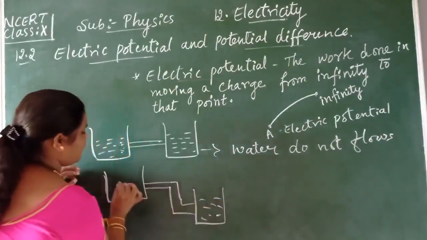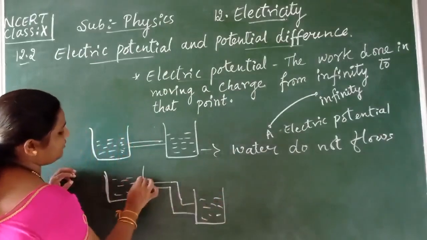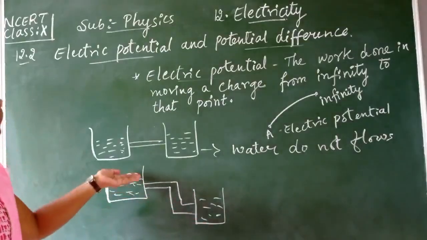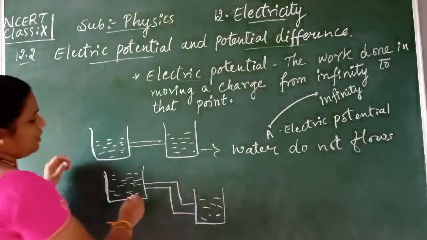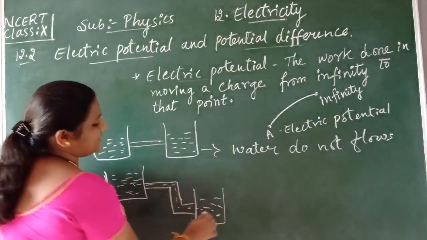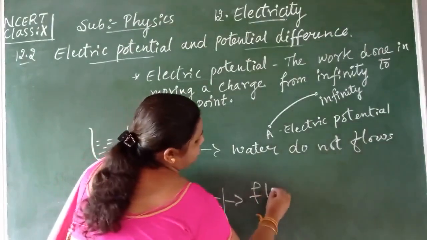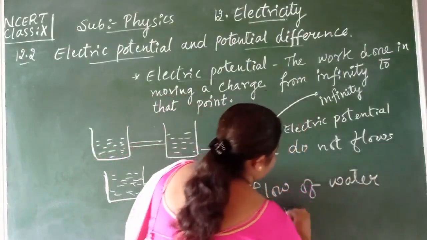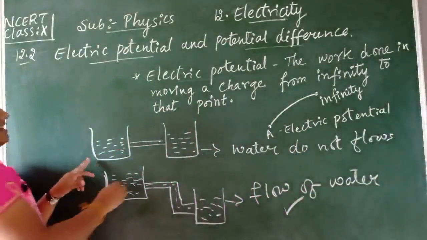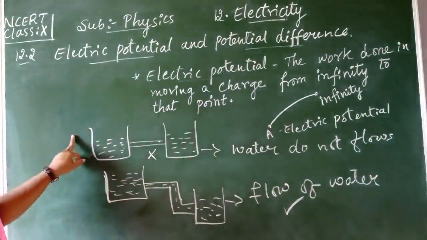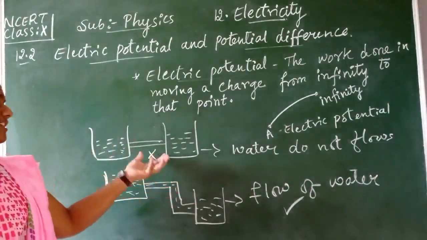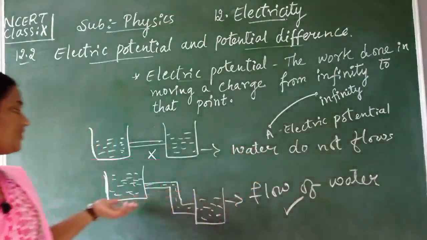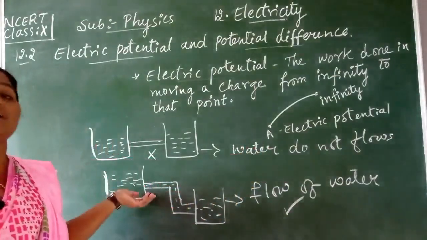Now we have made a pressure difference due to the difference in heights. They have created some amount of pressure. So now we can see the flow of water, isn't it, children? Flow of water is possible in the second case, but not in the first case because there is no pressure difference. If there is no pressure difference, ultimately the water does not flow.